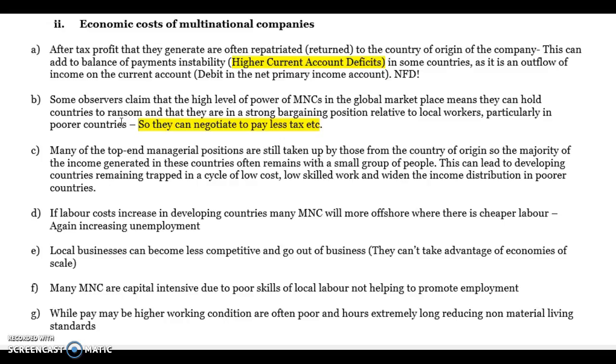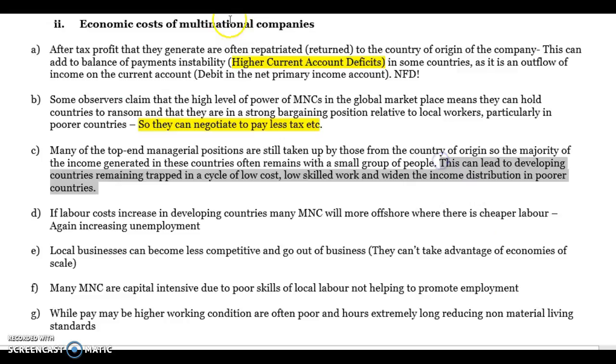Often a lot of these multinational companies will keep the top-end managerial positions for people from their country anyway. So rather than trying to develop the skills and the training of workers in that country, they'll just bring over people, and most of the high-paid jobs will still stay with the people from the country of origin.